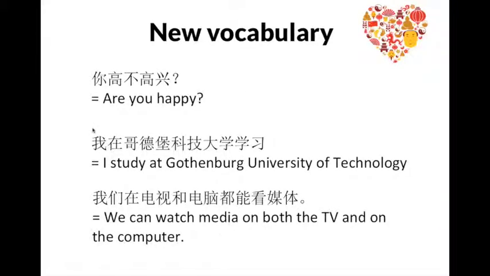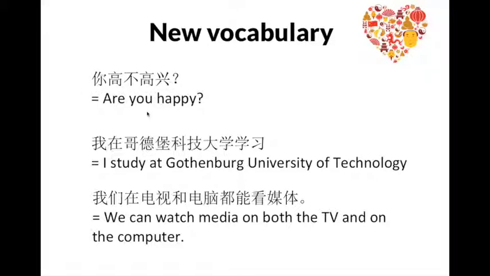As for the fourth sentence, we have a great structure that we need to learn. We have this question, 你高不高兴? 你高不高兴? So you might think this, because we knew that 高 means tall, so you might think that it has something to do with tall, but it doesn't. It's actually this 高兴, which meant happy, right? But when you have it as an alternative like this, you might think that you'd say 你高兴不高兴?